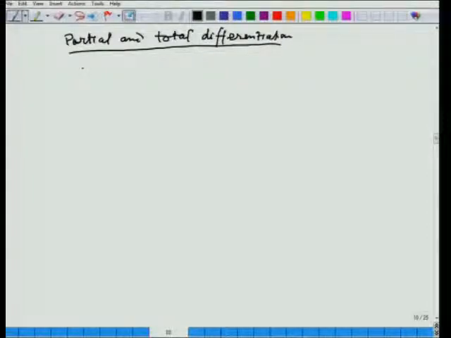Here we consider a function u as a function of several variables, let us say x1, x2, xn. This u is from Rn to R, or defined on a certain domain which is a subset of Rn, and the values are real numbers.